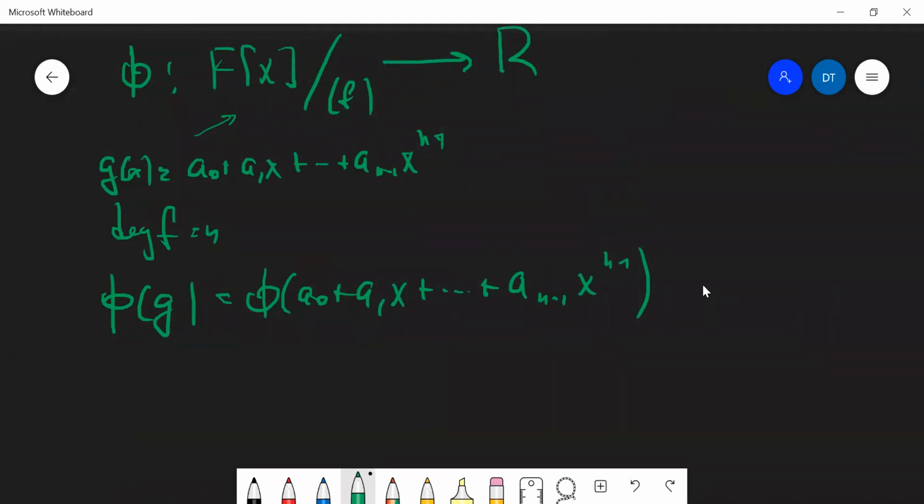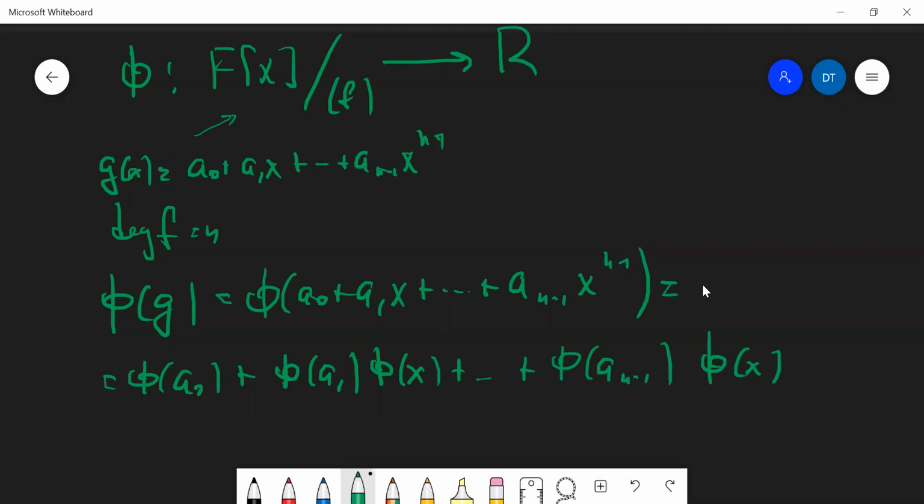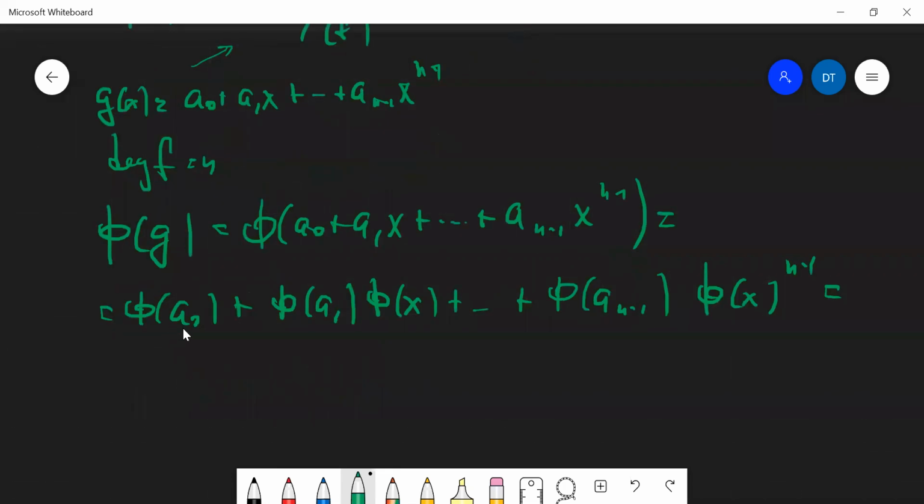Okay? But since phi is a homomorphism, then it will be phi of a0 plus phi of a1 phi of x. It preserves multiplication and addition, plus and so on, phi of an minus 1 phi of x to the n minus 1. But then we have this additional assumption that if you apply phi to the elements of F, they stay the same. So all the coefficients will be exactly the same.